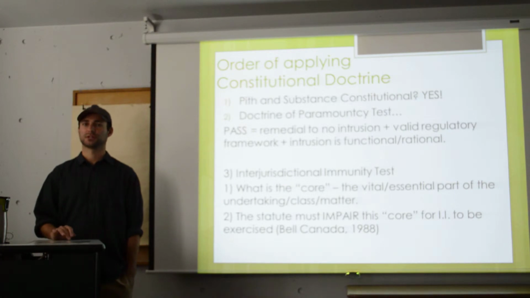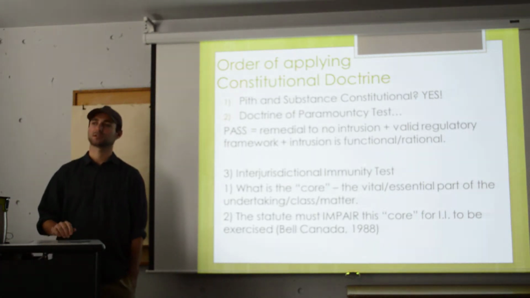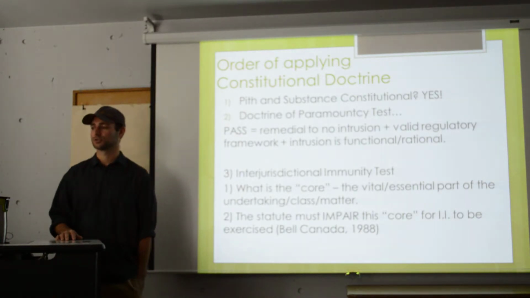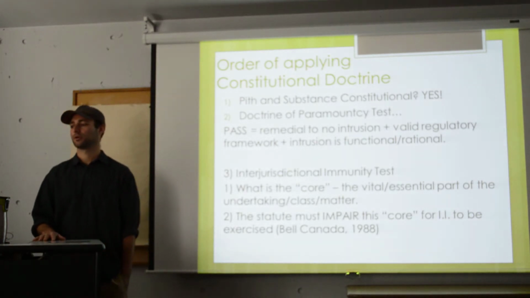And then we go on to the interjurisdictional immunity test. If it doesn't pass the pith and substance test, or it doesn't pass the doctrine of paramountcy test, then it will be invalid or inoperative. But if it passes both, we go on to interjurisdictional immunity, where we ask, again, what the core or vital part of the matter is and whether the statute impairs the core.